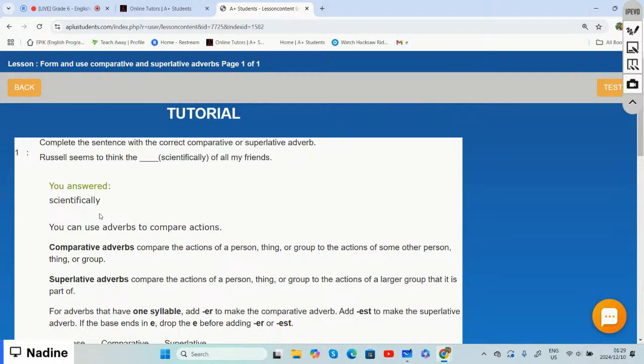And remember, we said comparative adverbs compare the actions of one person, thing, or group to another person. So it's comparing the actions that one person is doing to another person, or one thing is doing to another thing. And the superlative adverb is where we are showing the action of a person to a larger group.